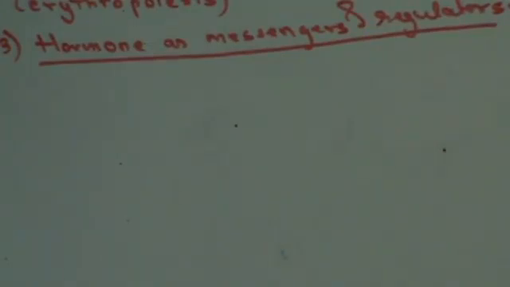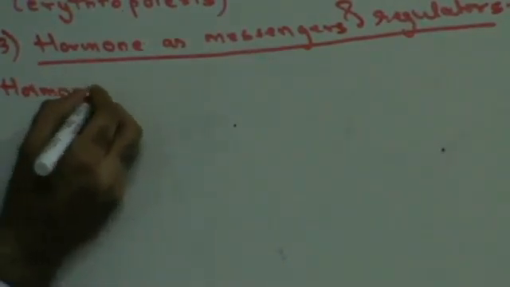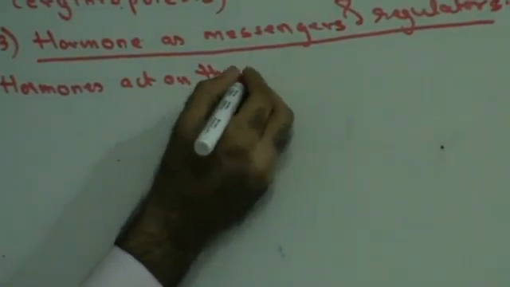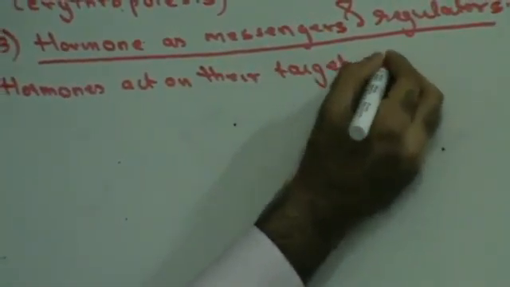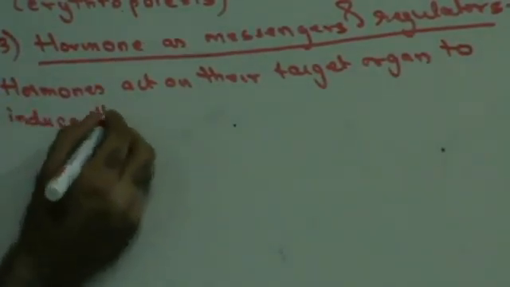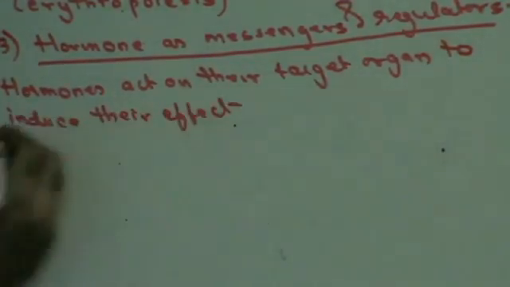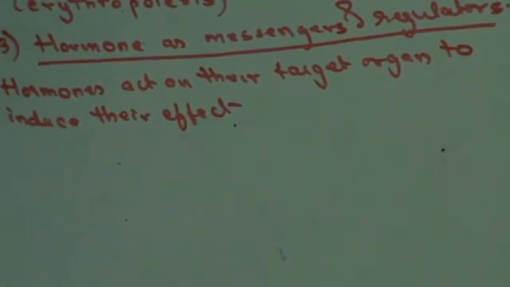Right? Now, hormones act on their target organs to induce their effect. How do they act on the target organs? They have specific binding sites on which they act.